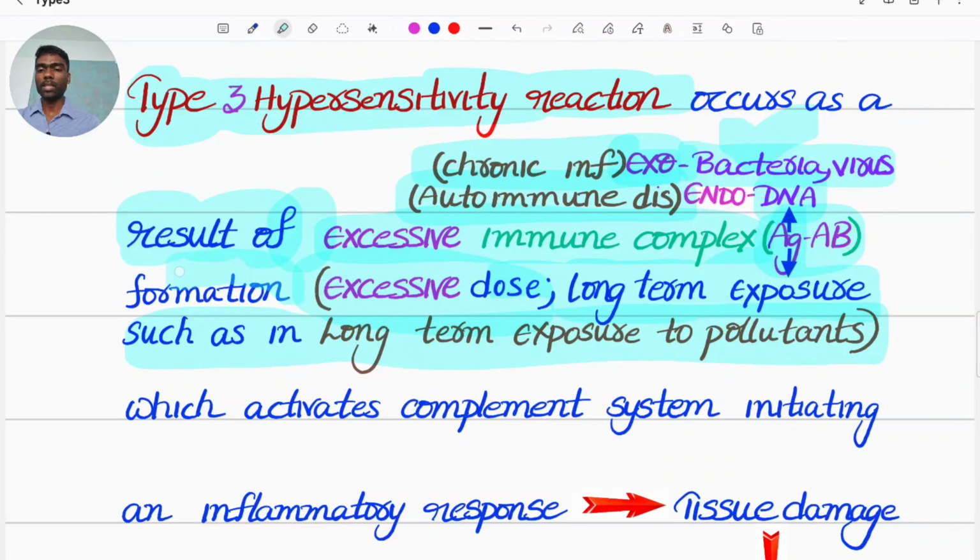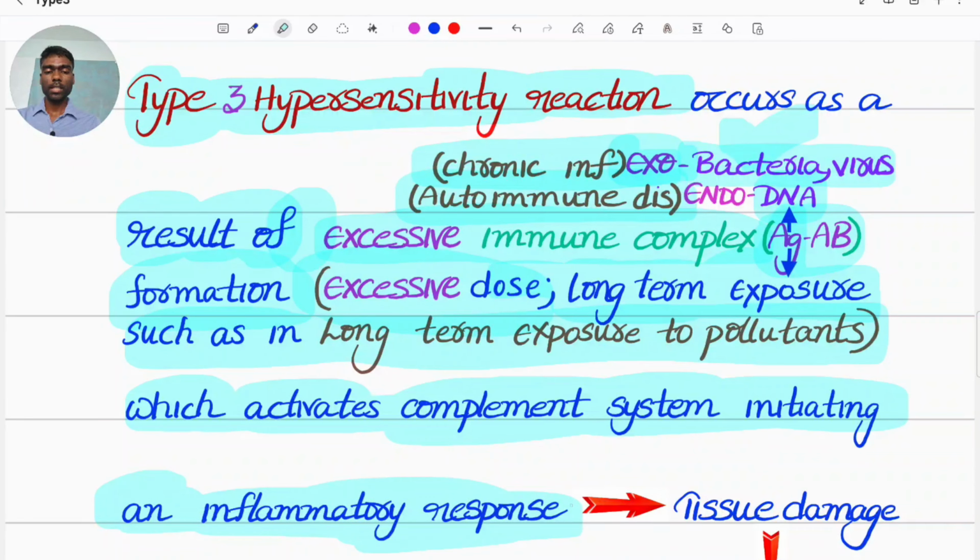Because of this excess dose of antigens, excess immune complex will be formed, which ultimately activates the complement system, initiating an inflammatory response, leading to tissue damage.